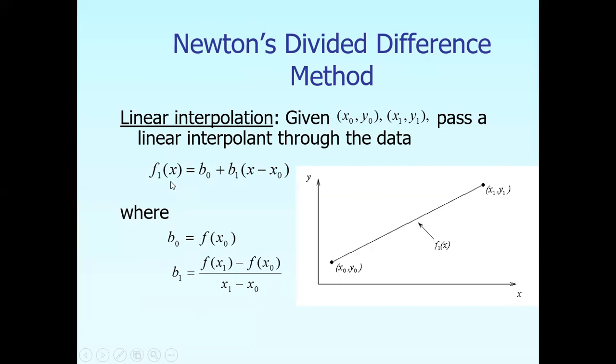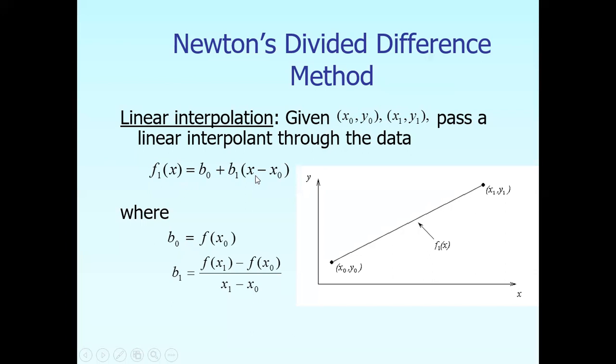The general formula for finding the value of f of x is equal to b0 plus b1 into x minus x0, where b0 is equal to f of x0. Then put the value of b0 in that equation, then we can find the value of b1. That is, f of x is equal to f of x0 plus b1 into x minus x0.